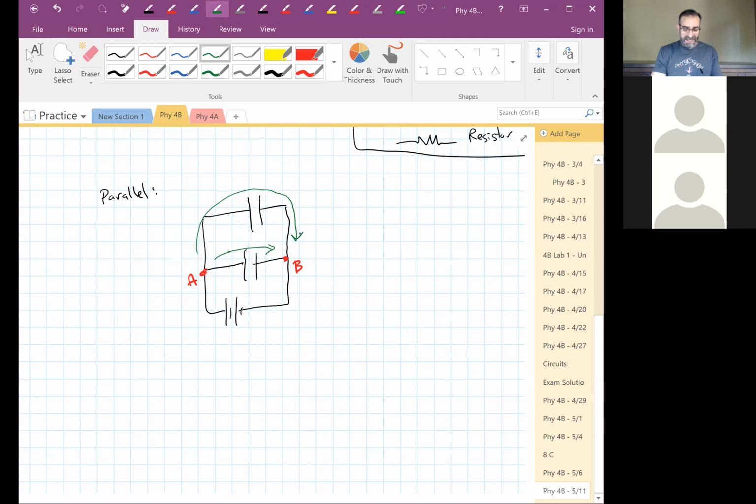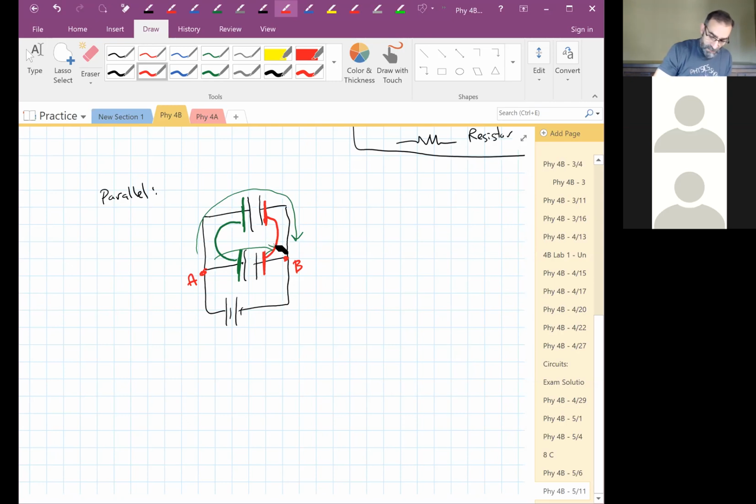Because they're connected together. So the left plates here are connected together, and the right plates are connected together. It's as if we have one big plate on each side.